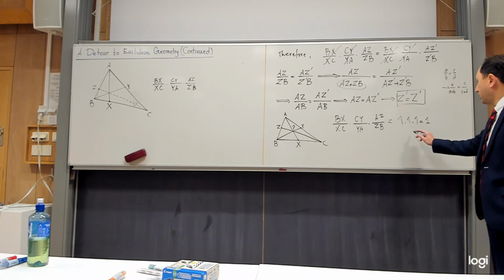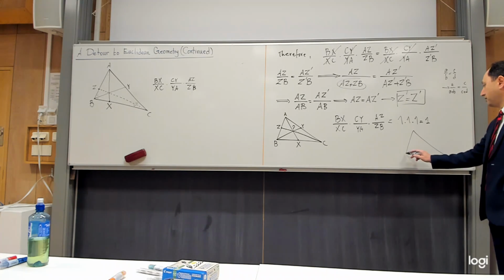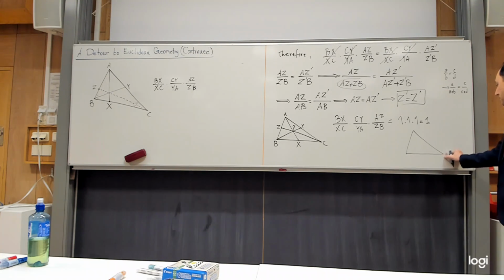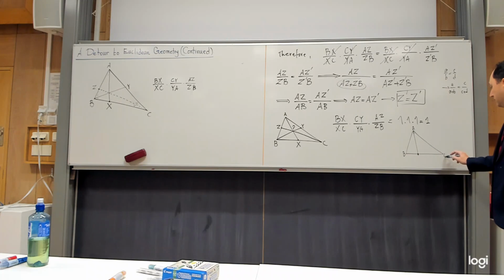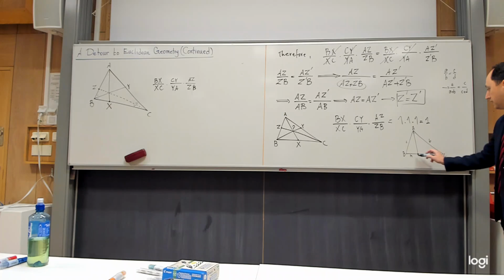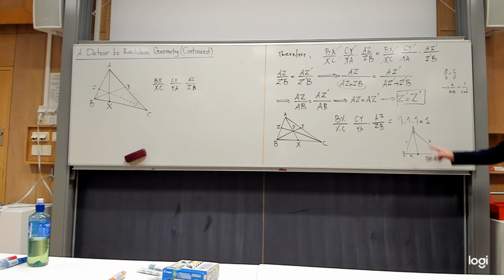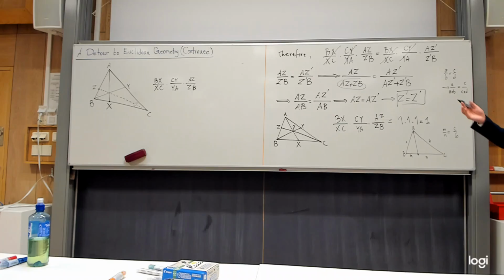Let me just remind you, this is important, don't forget about this. If you have a triangle, this is a Math 2C problem, yes? If you have this angle bisector, for example, if this is C, this is B, and if this part is M and this part is N, for angle bisector, we had the famous theorem that M over N is equal to C over B. Yes? Is that right or not? We had this theorem.